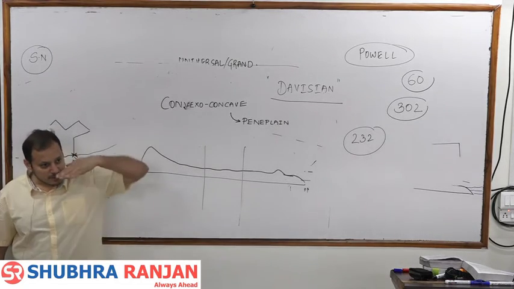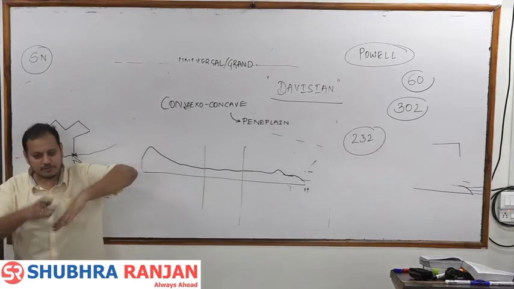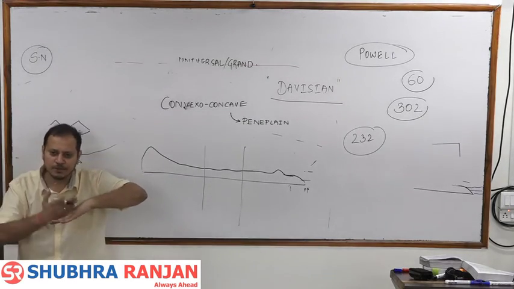And जितना ज़्यादा slope, उतना stronger the gravity will act, and it will be pulled down. And when they are coming down at a greater speed, they will erode more.